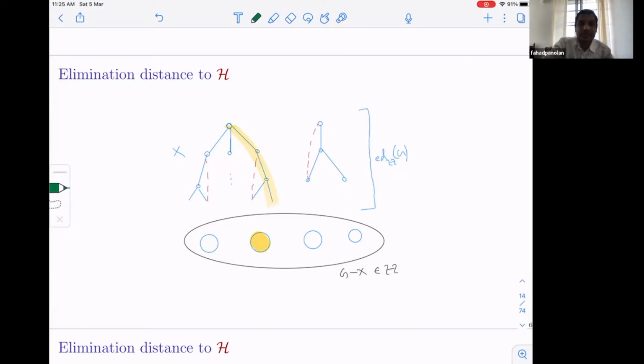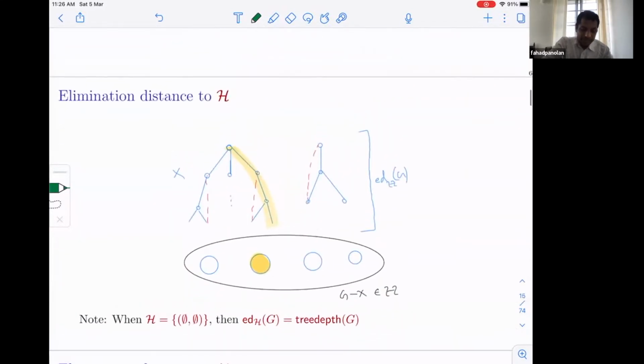So this is the definition of elimination distance to H. This is called the elimination forest, and the elimination distance is the height or depth of this forest. Any questions? Okay, fine. So this is the definition of elimination distance.